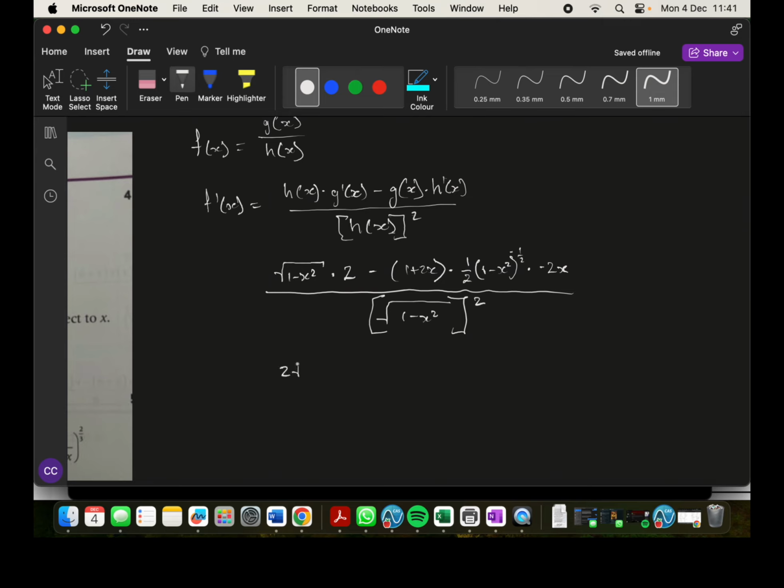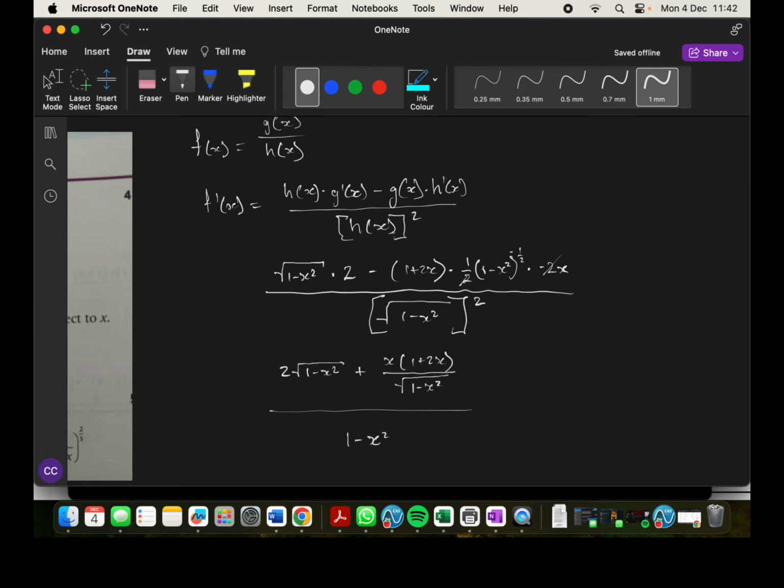I've got 2 times the square root of 1 minus x squared minus, well, it's actually plus, and the 2's go away, plus x times 1 plus 2x all over the square root of 1 minus x squared, and then all of this over 1 minus x squared.